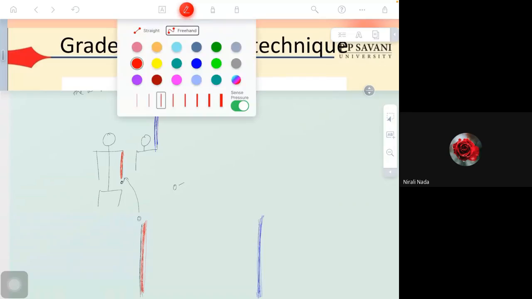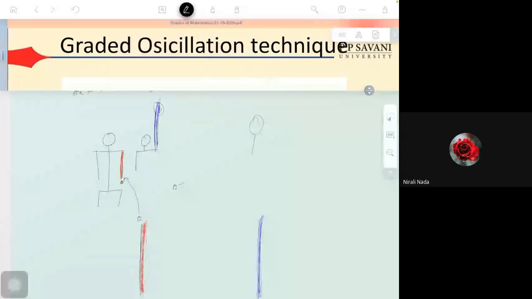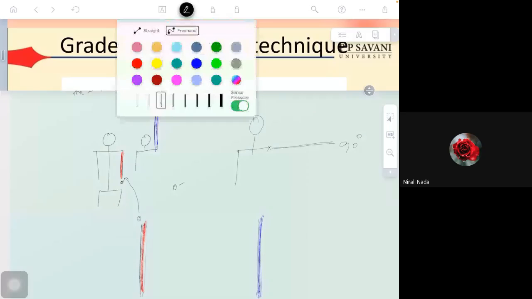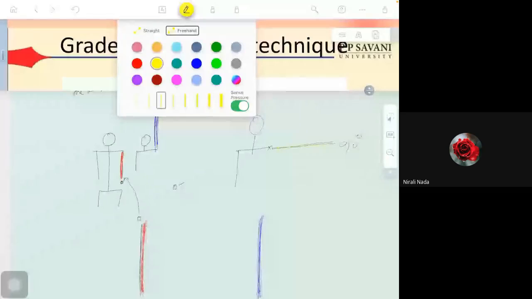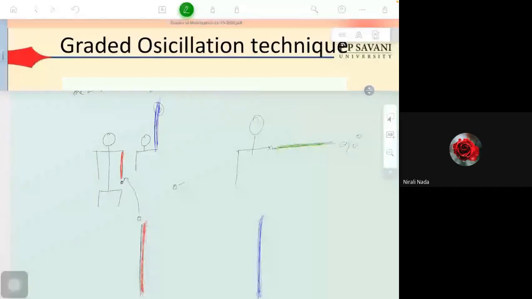Imagine a patient is having 90-degree range of motion. This limitation may be due to pain or due to capsular restriction. Clear?